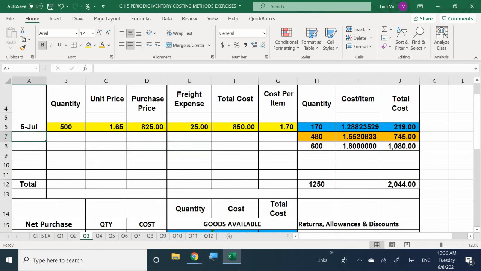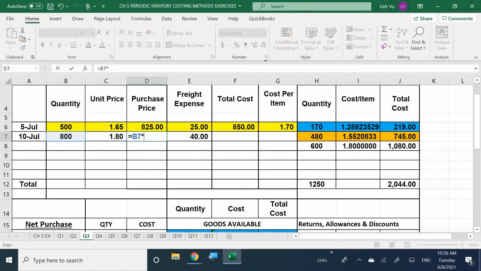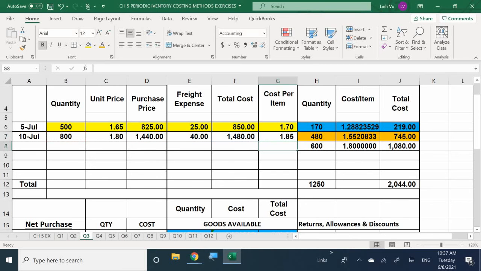No returns or allowances, because we automatically purchased another order on the 10th for 800 items at $1.80 with a freight of 40. So the purchase price will be $1,440. Total price, $1,480. And the cost per item would be $1.85. All these numbers we're looking at so far are giving us pretty nice numbers.